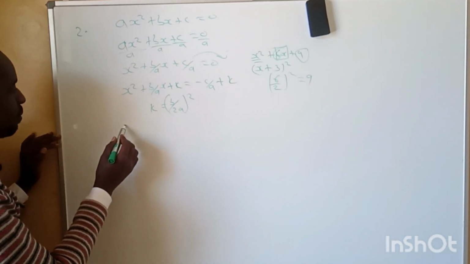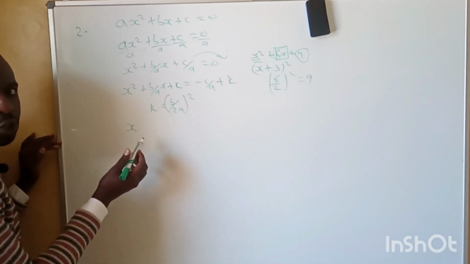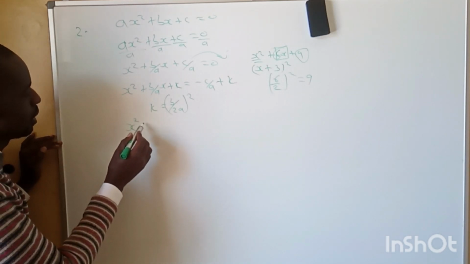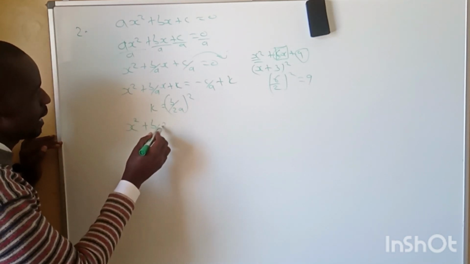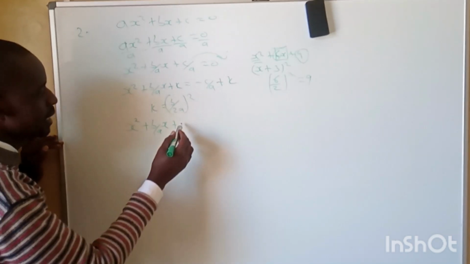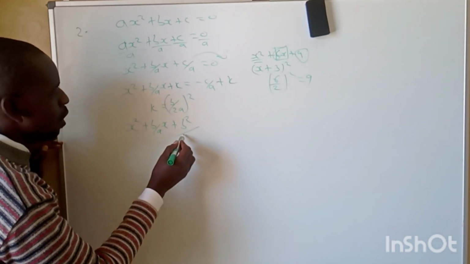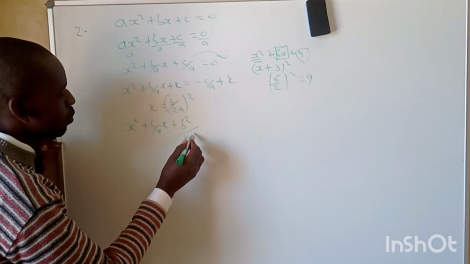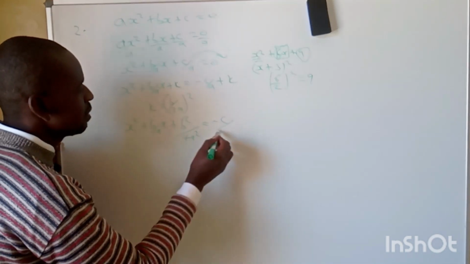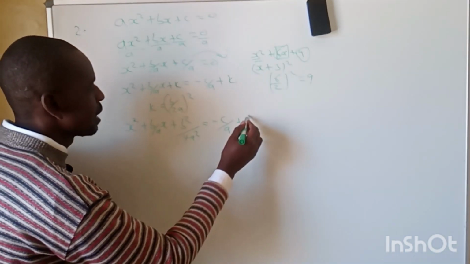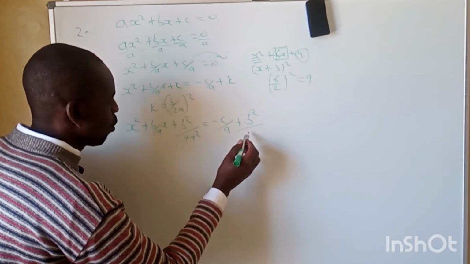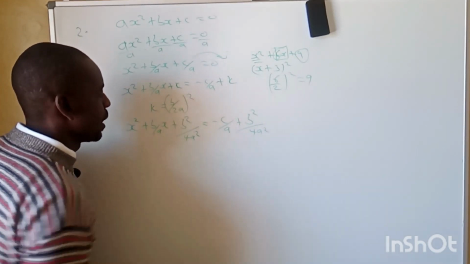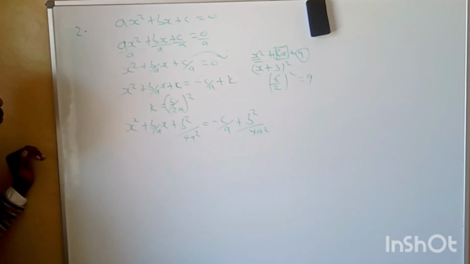So we have gotten k. Here we have x squared plus b over a x plus constant. Expand that, we have b squared over 4a squared is equal to negative c over a plus k, which is again b squared over 4a squared. I hope you're with me, class, you're following.